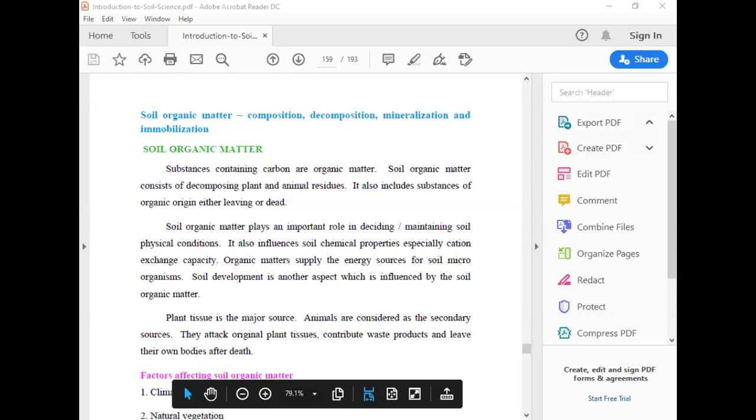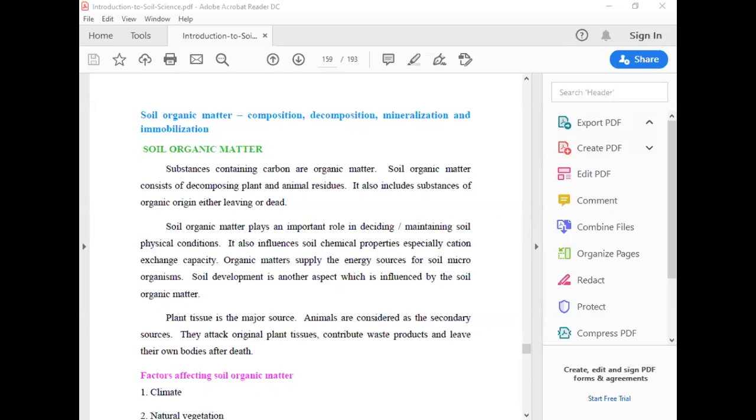Soil organic matter is one of the most important components of soil, which contributes around 5% of the various components of soil. It is a quality aspect which enhances or improves the physical properties of soil, which are very necessary for producing quality produce.